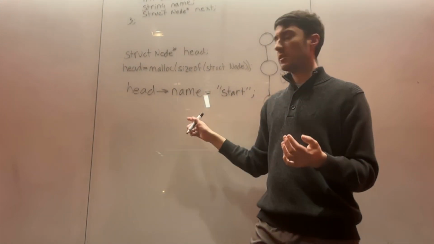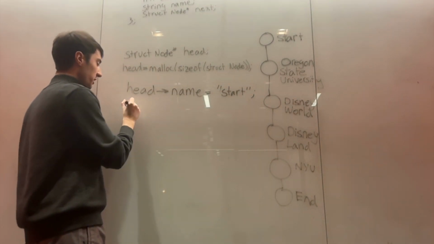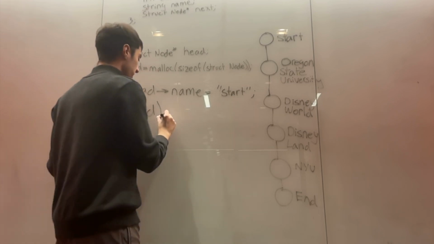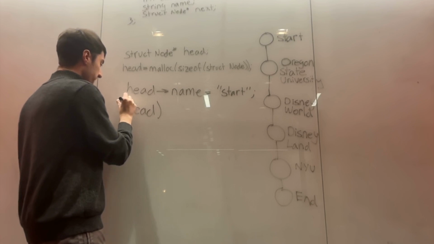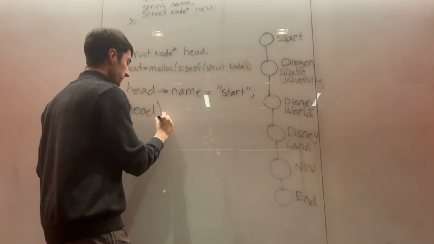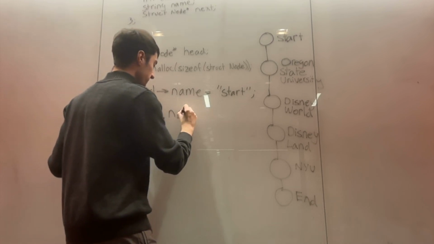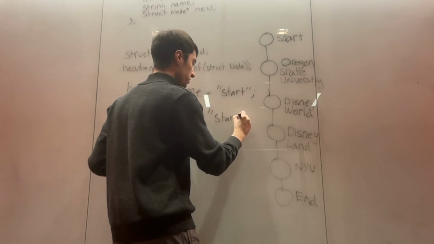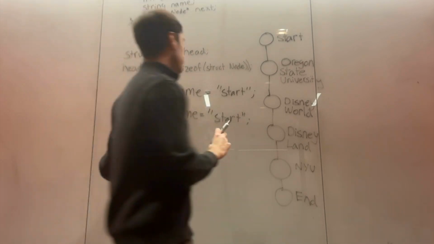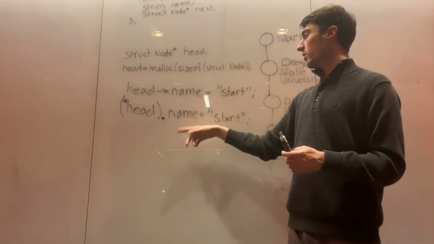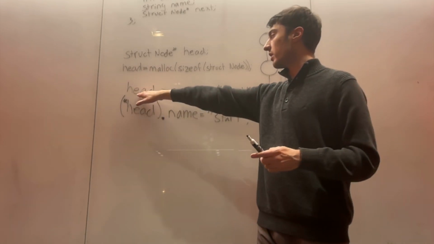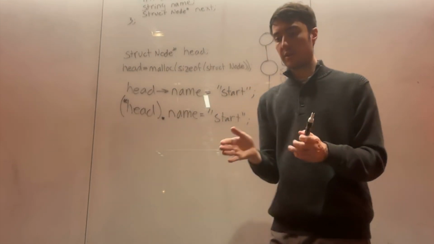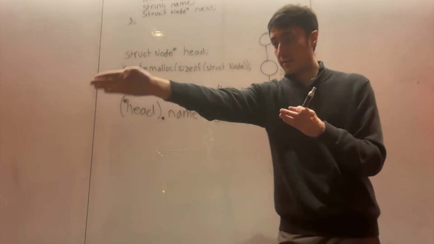So this struct has an element which is called name, and then I'm assigning it to start. So let me write this in a different way. This is actually head, okay, like this, and then we dereference it, then dot name equals start. Okay, so these two statements are identical. The arrow operator just means take this variable, which is a pointer variable, and dereference it, which means go to that variable.